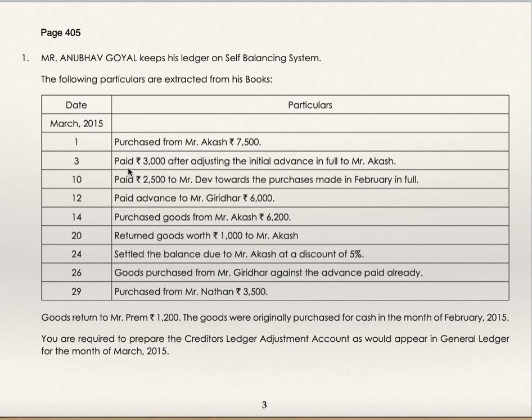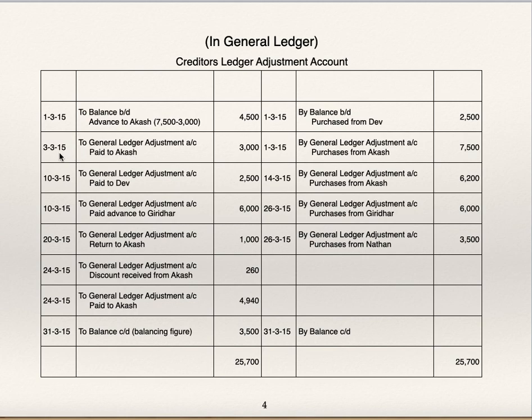7,500. 3rd March, paid 3,000 after adjusting initial advance in full to Mr. Akash. 3rd March, to general ledger adjustment account, paid to Akash 3,000. Purchases from Akash 7,500, paid to him 3,000 after adjusting initial advance.